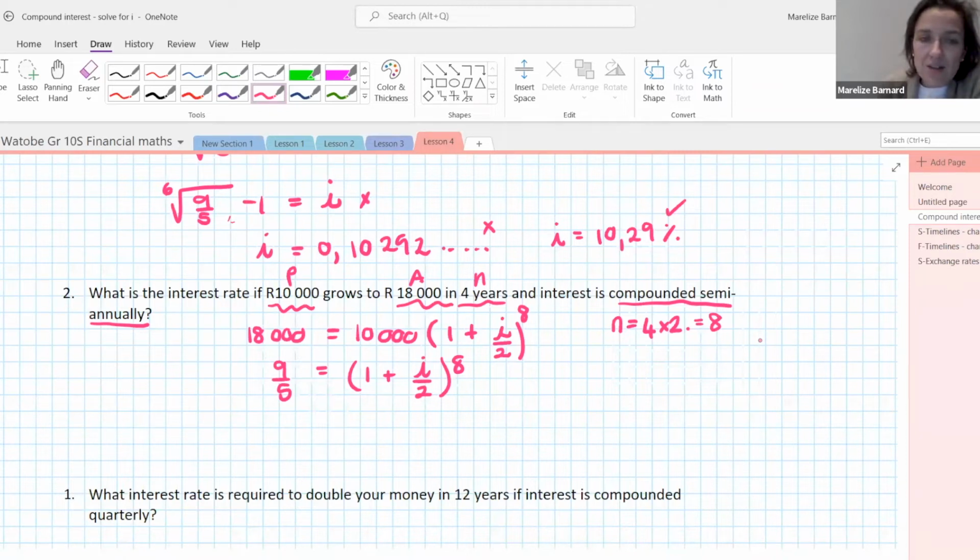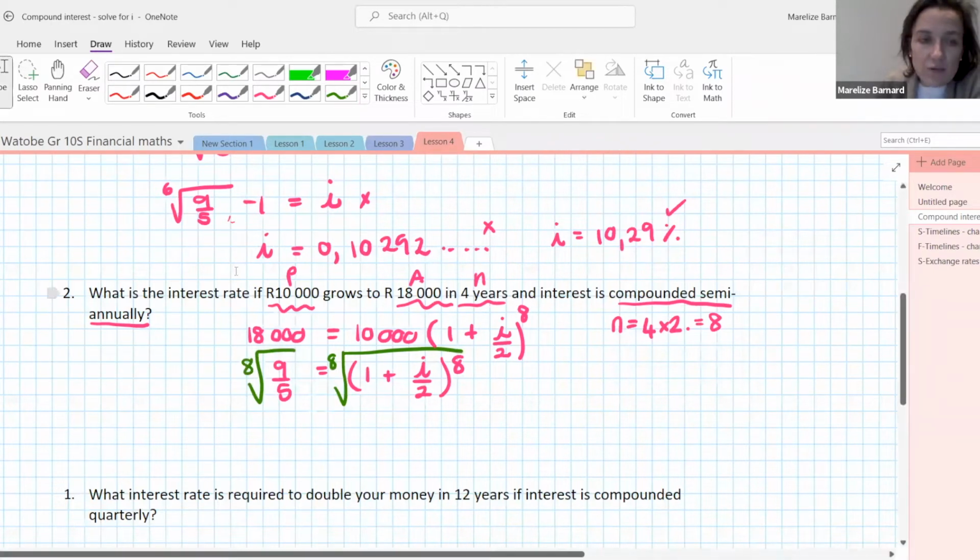We're just going to now take our 8th root. Okay. Getting some answers. Well done. Keep trying, everyone. We're going to take our 8th root.